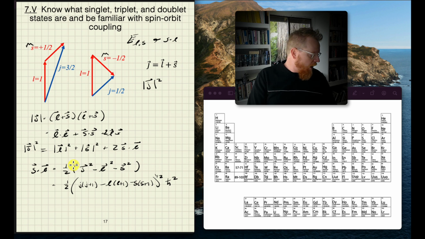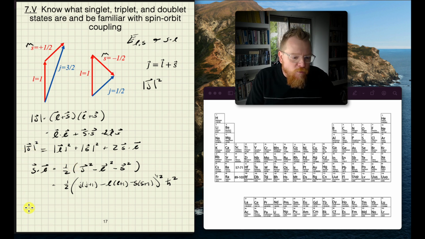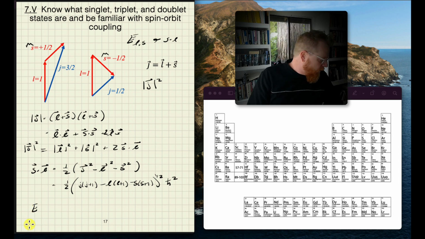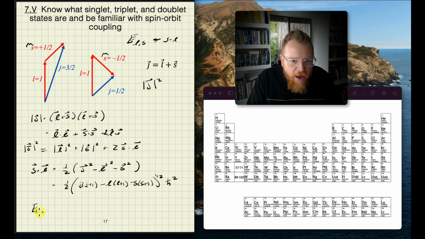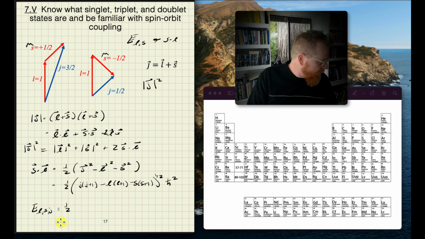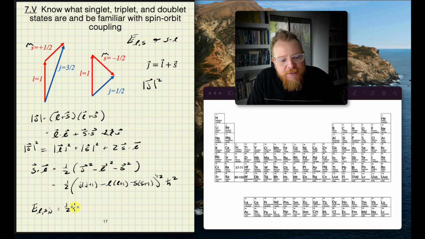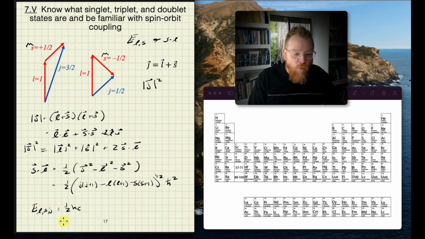So what I will do now, I'll just skip ahead and get straight to the rub here. We'll write that the energy of that interaction, the energy of L, S, and J equals the following. We'll have that 1/2. We're going to include the constants h and c to allow us to express results in terms of a wave number.